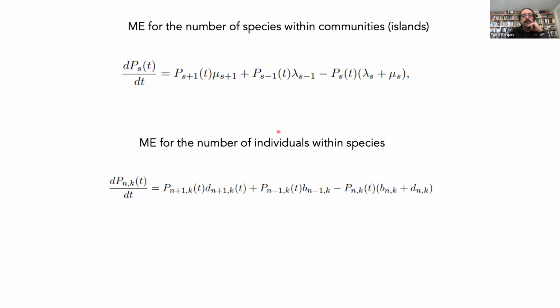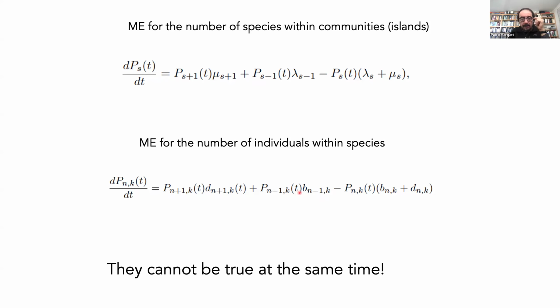He had a master equation for the number of species within communities, okay? And then he has a master equation for the number of individuals within species. The problem with this is that they cannot be true at the same time, because if this is true, this cannot be Markovian.